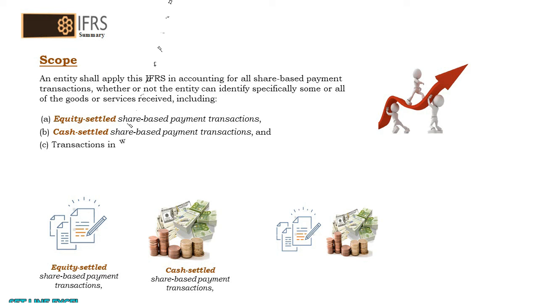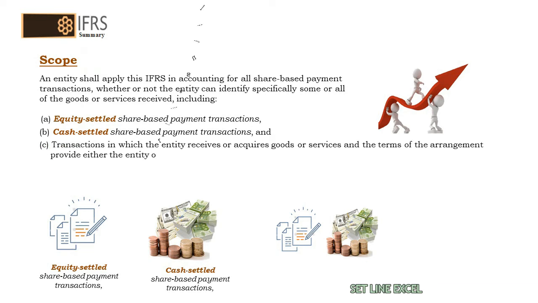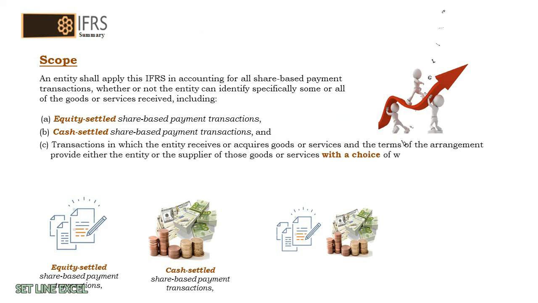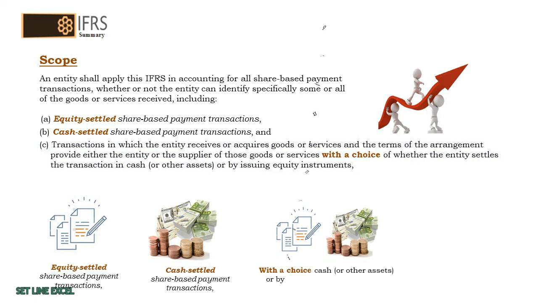Number C. Transactions in which the entity receives or acquires goods or services, and the terms of the arrangement provide either the entity or the supplier of those goods or services with the choice of whether the entity settles the transaction in cash, or other assets, or by issuing equity instruments.